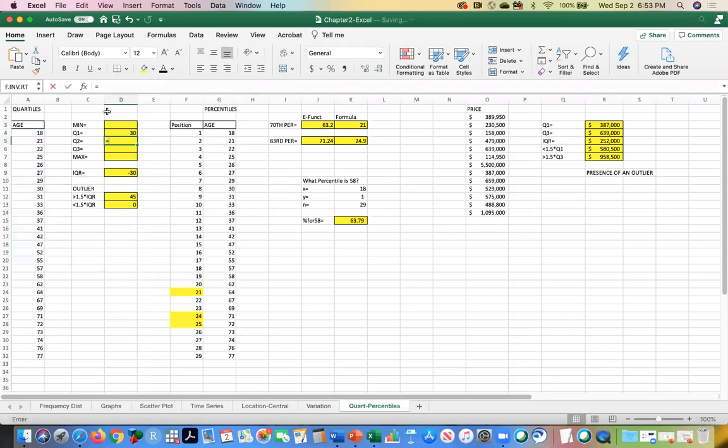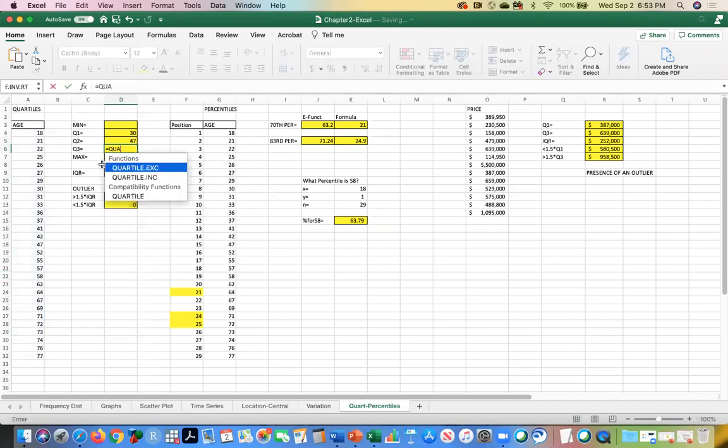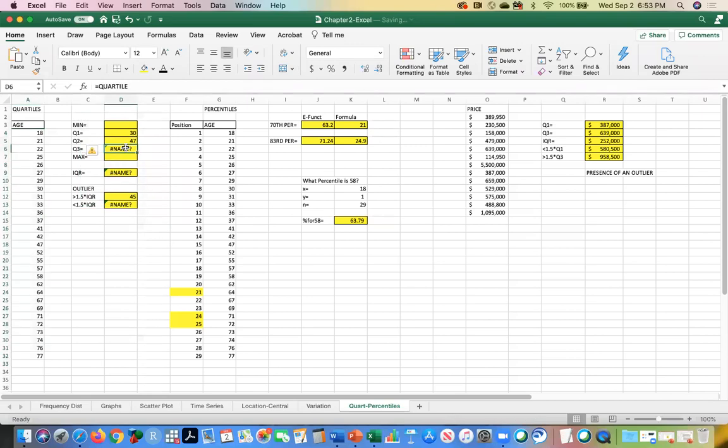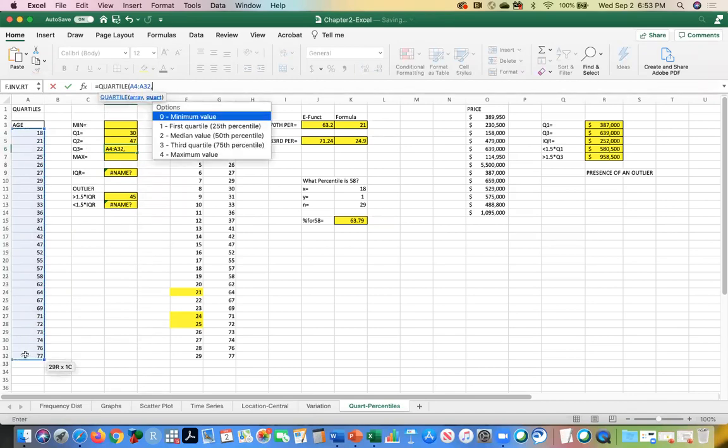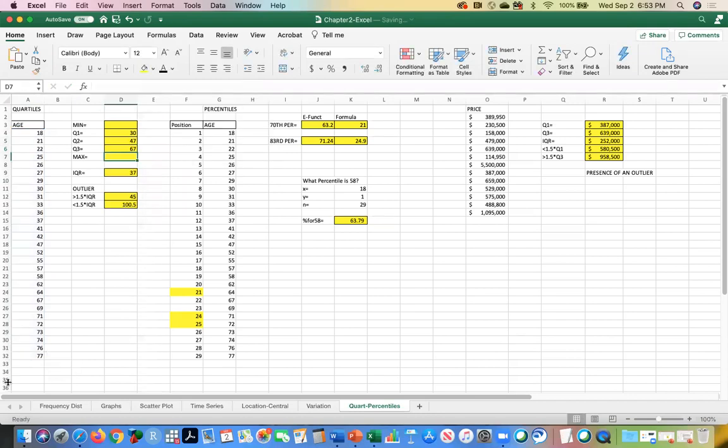So 2 is going to be also quartile, open parentheses, comma 2. I'm going to do equal quartile, open parentheses, comma 3, so quartile 3.